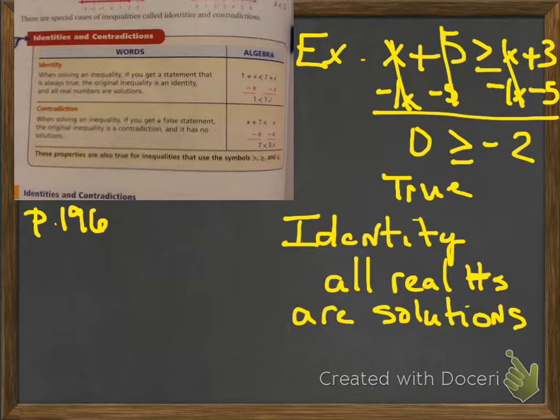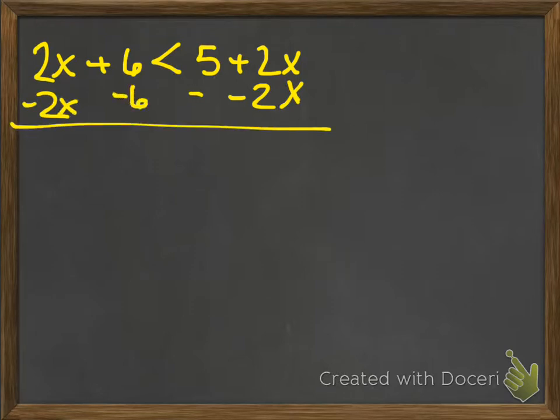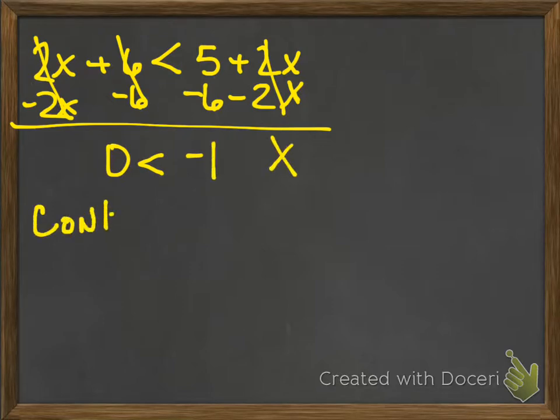And then on the last one, this example, excuse me, I'm going to subtract 2x, and I'm also going to subtract 6. When I do that, I end up with 0 is less than negative 1, which is not true. So that's a contradiction, which means nothing would work.